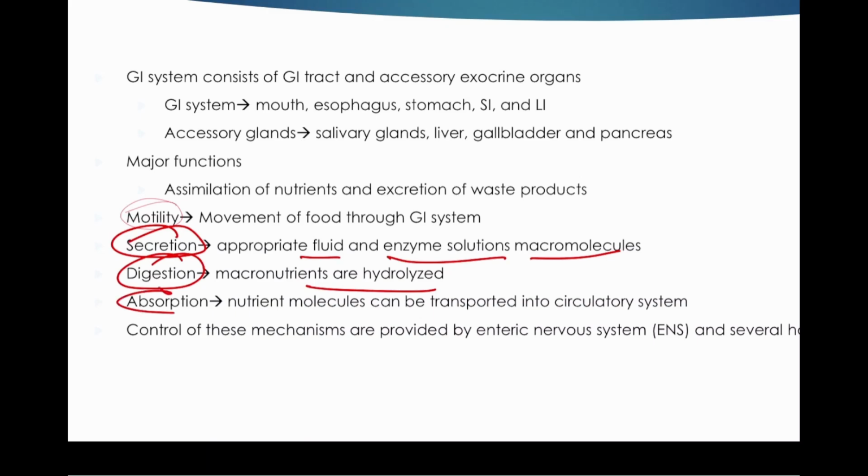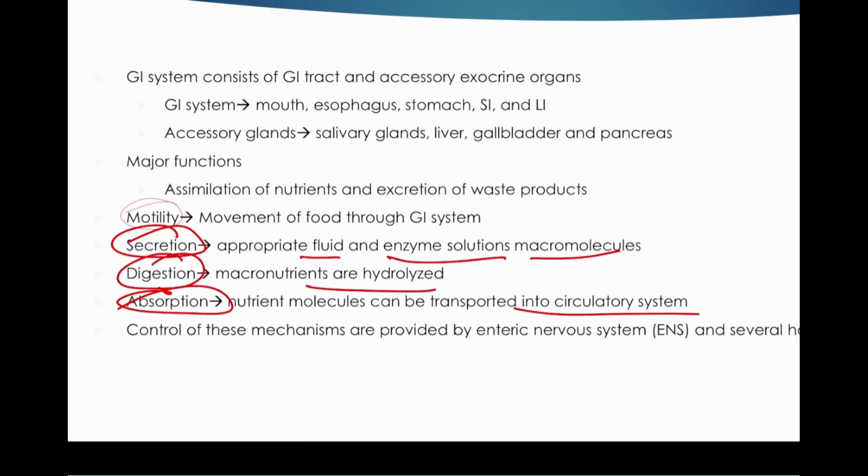Then we have absorption. Can we absorb them into the circulatory system? We'll talk about it in a little bit, like celiac disease or these gluten sensitivities. There's more to it than just the gluten, but what happens is you pretty much get rid of all the microvilli, the lining in the small intestine with these types of absorption problems.